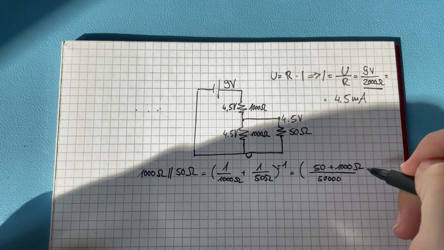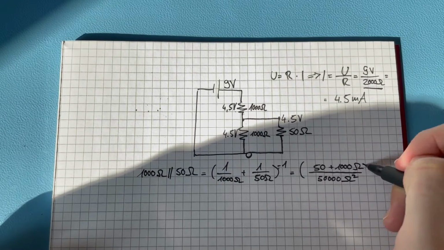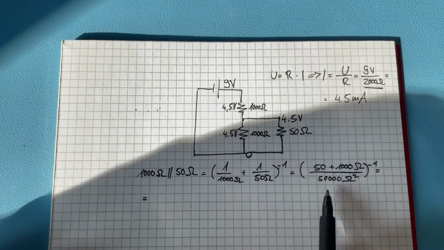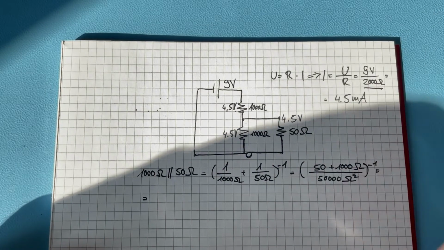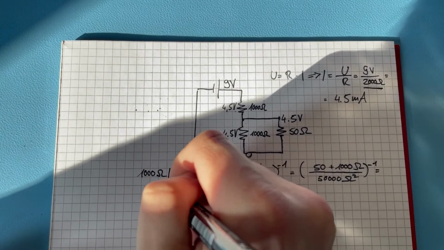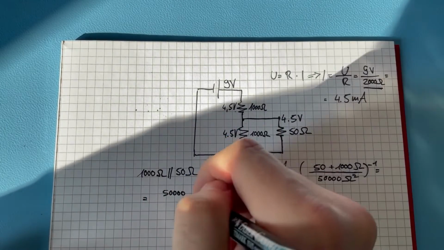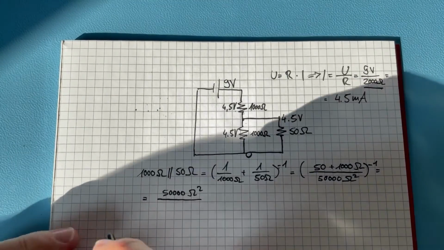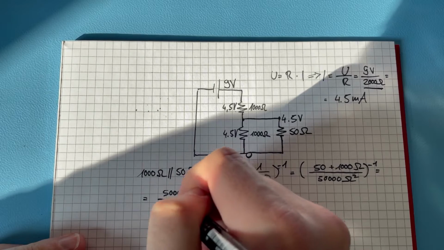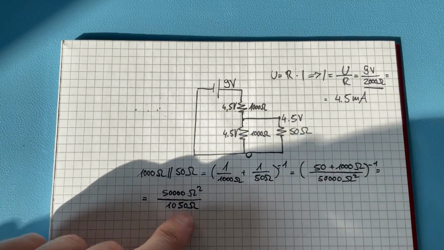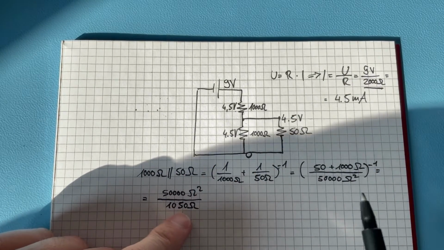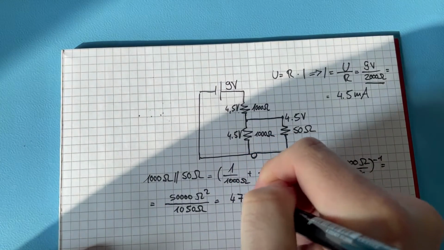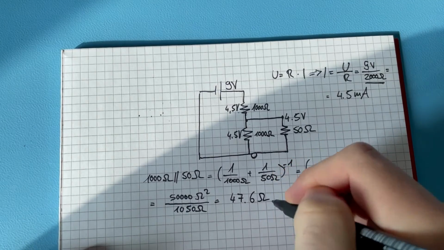So we have here ohms, and we have ohms squared to the -1, and that equals, so we just turn it around, then we are left with 50,000 ohms squared divided by 1050 ohm, and that is 47.6 ohms.